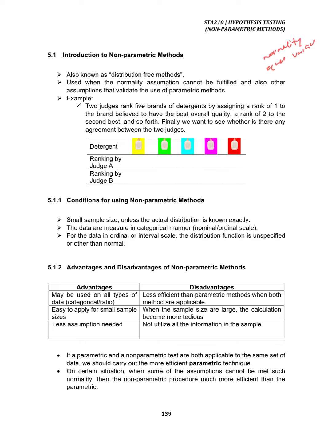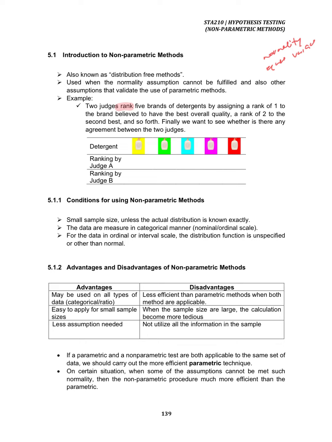So for example, I have judge A and judge B. We have 5 types of detergent, and I want to see whether these two judges have any differences in their preference for the detergent brand. So the use of rank will be applied in this method. We do a lot with ranking in non-parametric methods.